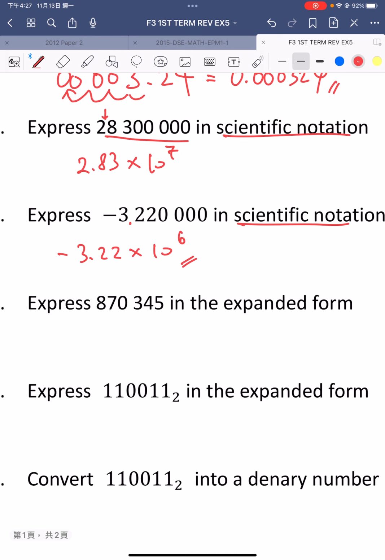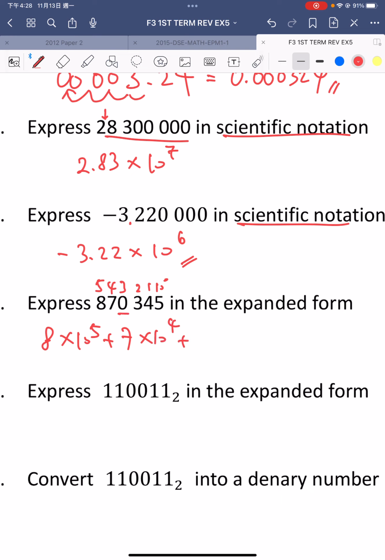Okay, so for expanded form, we have to count it. This is a base 10 number, so we have to write down something times 10 to the power of something, plus all of the things together. We start from the right. This is 10 to the power of 0, this is 10 to the power of 1, 10 to the power of 2, 10 to the power of 3, 10 to the power of 4, and 10 to the power of 5. Then we can write it as 8 times 10 to the power of 5 plus 7 times 10 to the power of 4.